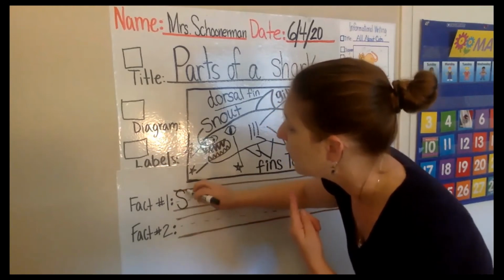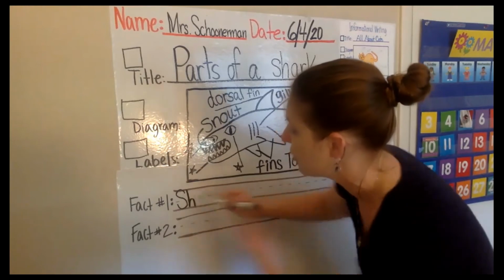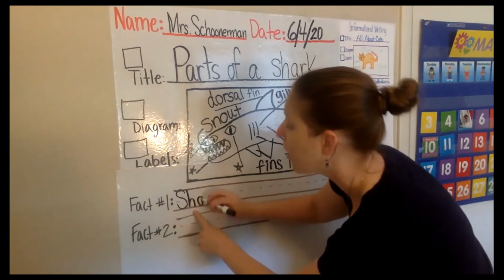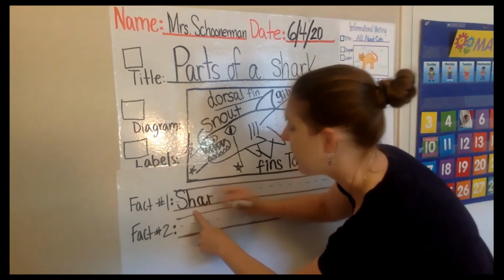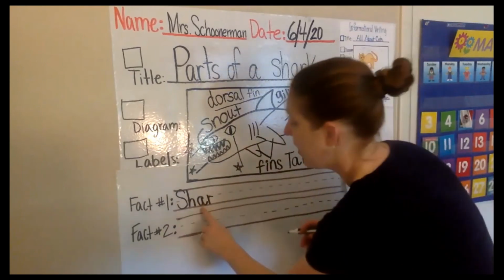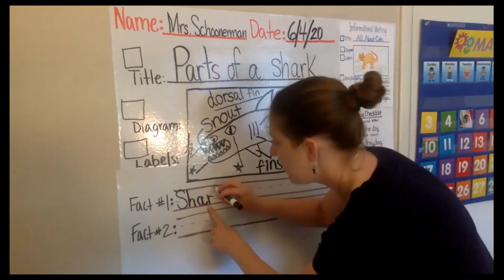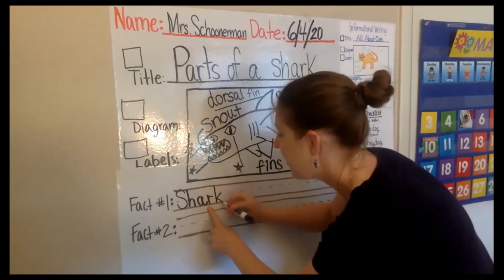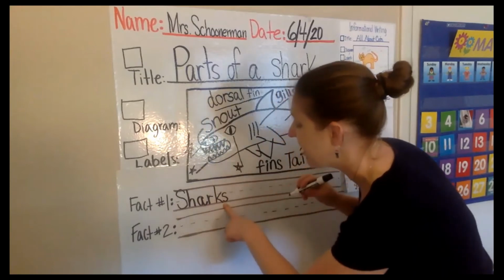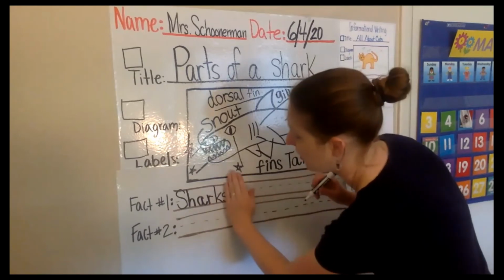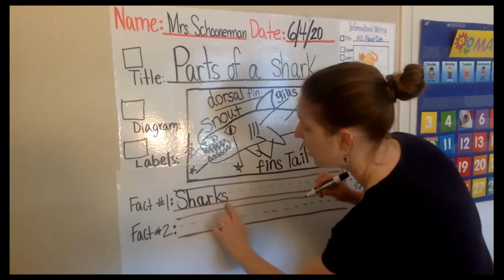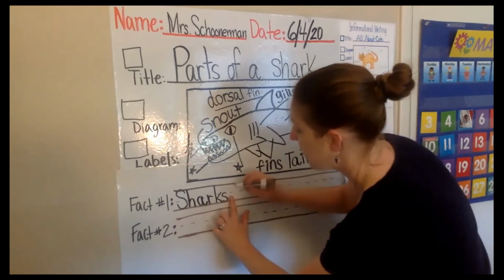Capital S, lowercase h. R. That's the AR. That's what AR sounds like. There's our K. And we have more than one shark, so we're making it plural by adding an S. It's not one shark. It's more than one, so we add an S. Sharks.